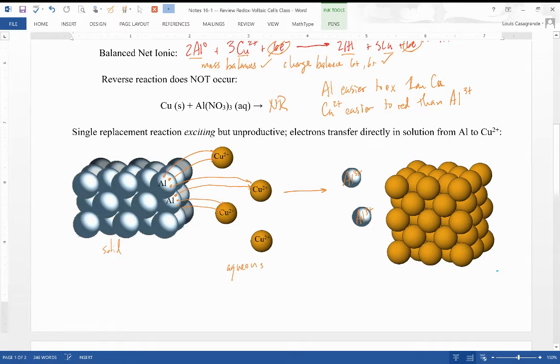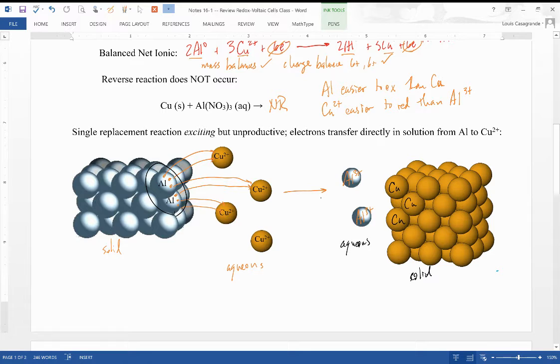And I think I'm going to have to change colors, otherwise you're not going to see it. Aluminum 3 plus, and I've got 3 coppers, that those 3 coppers have now attached to the solid. So the copper becomes solid, and the aluminum 3 plus comes out of the crystal. It comes out of the metal crystal and becomes the aqueous aluminum 3 plus ions.